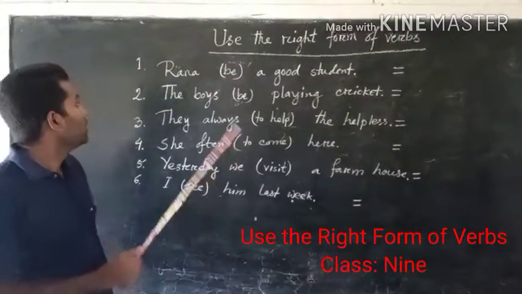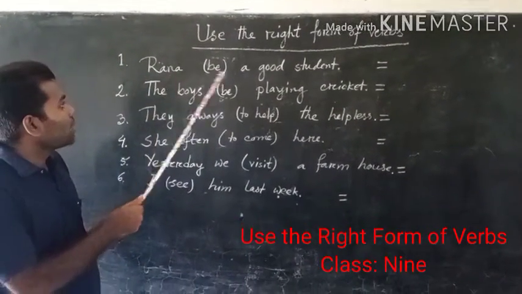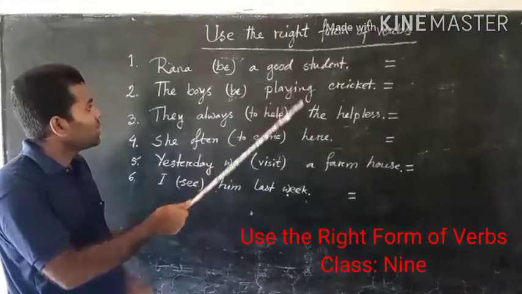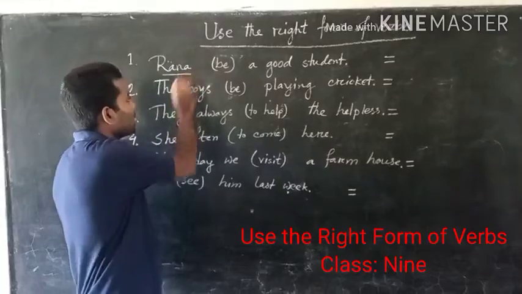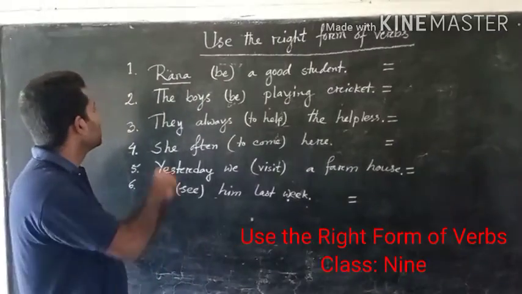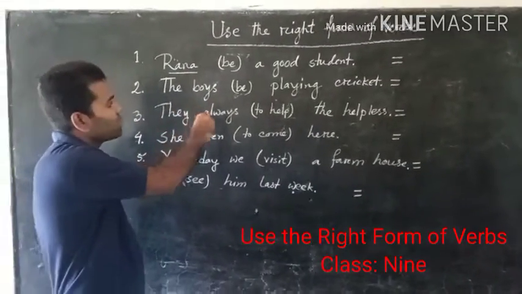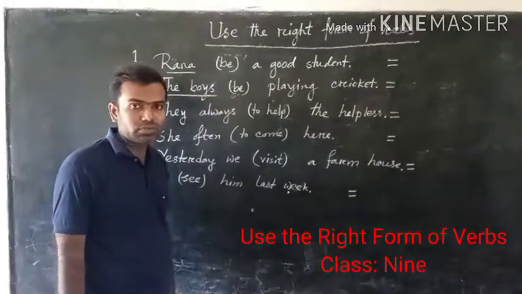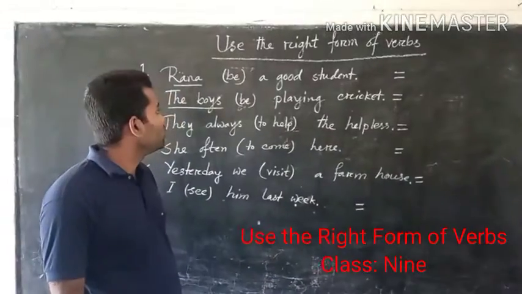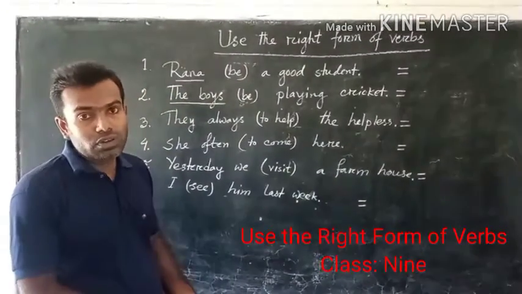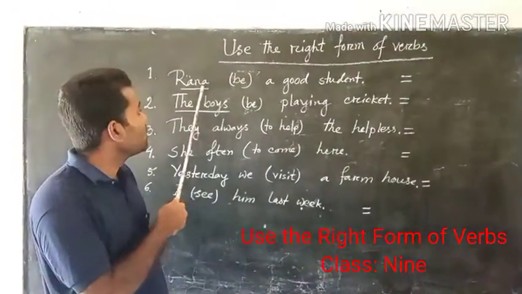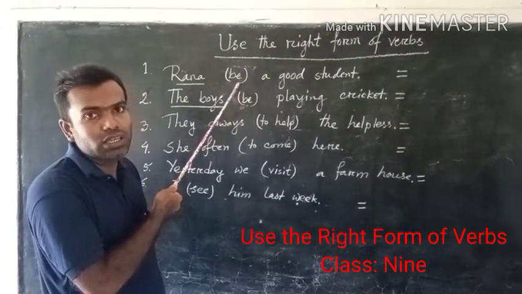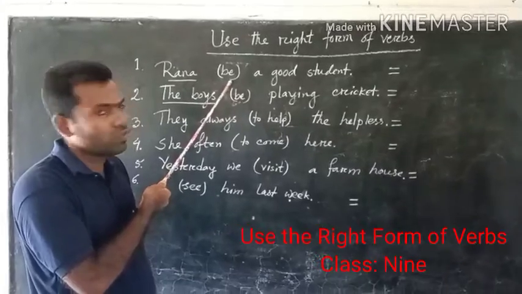Number one, Rana be a good student. Here the subject is Rana. And in number two, the boys be playing cricket. Here the subject is boys. That means if the subject is in singular form, then the verb will be in singular form.